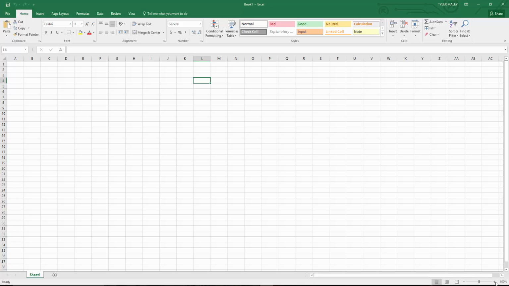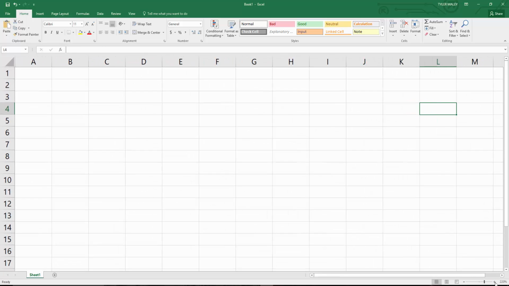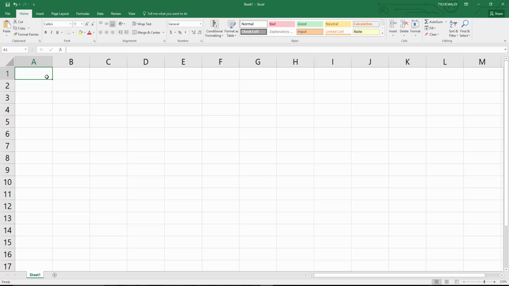All right, so let me zoom in here. And let me fill. So I'm going to try to mimic this printout, right, the best that I can. So in A1 we have principal. All right, let me move this.